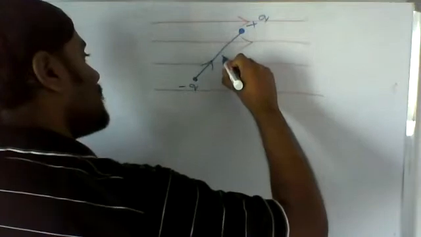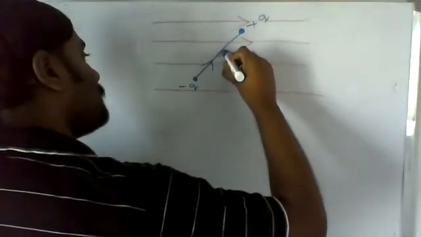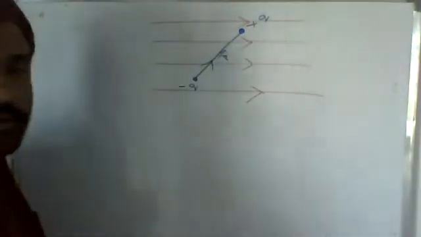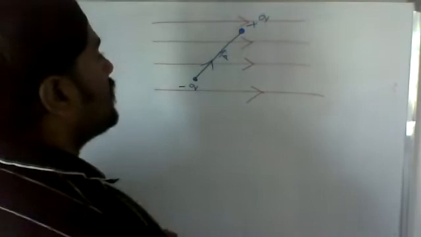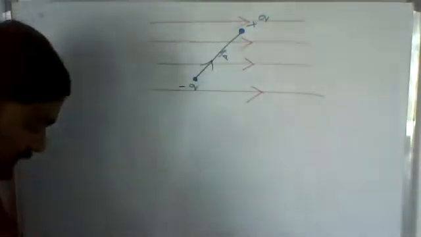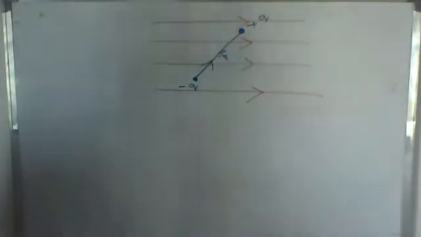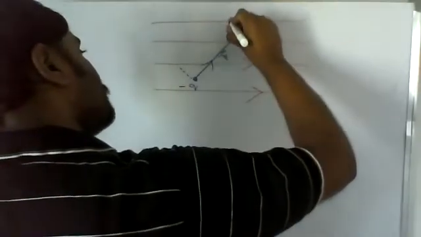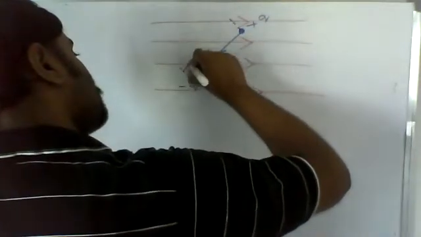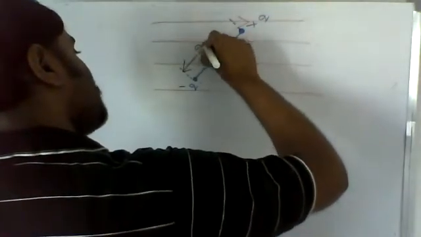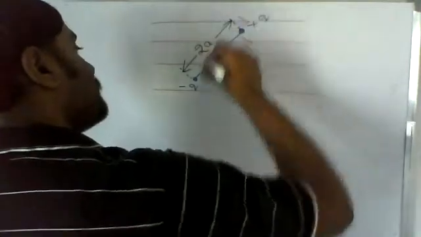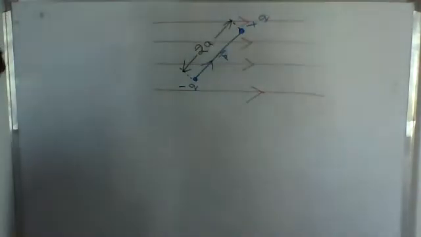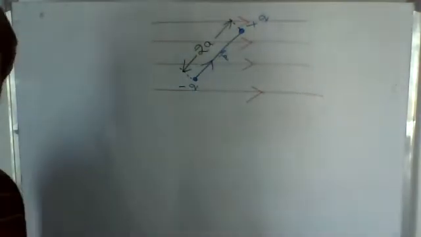The direction of the dipole axis gives the direction of dipole moment P vector. Both are the same, from negative charge to positive charge. Now let us consider the distance from minus Q to plus Q. This is the dipole length, 2l. That is the electric dipole length.